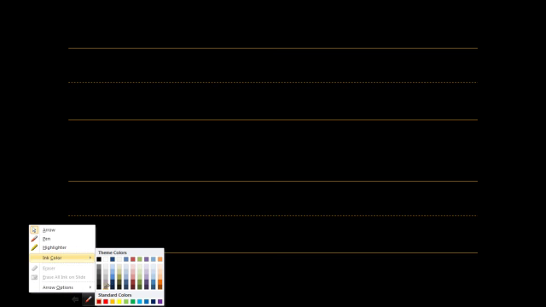Just going to switch here to yellow, to make it easy to see. So here we have the Alif Hamza, and the Alif Hamza in the independent and the initial positions looks like this.